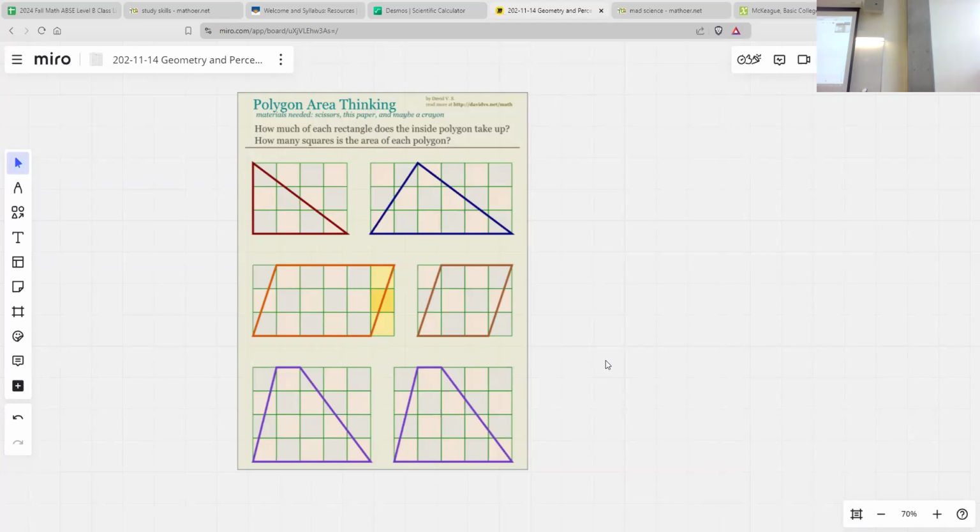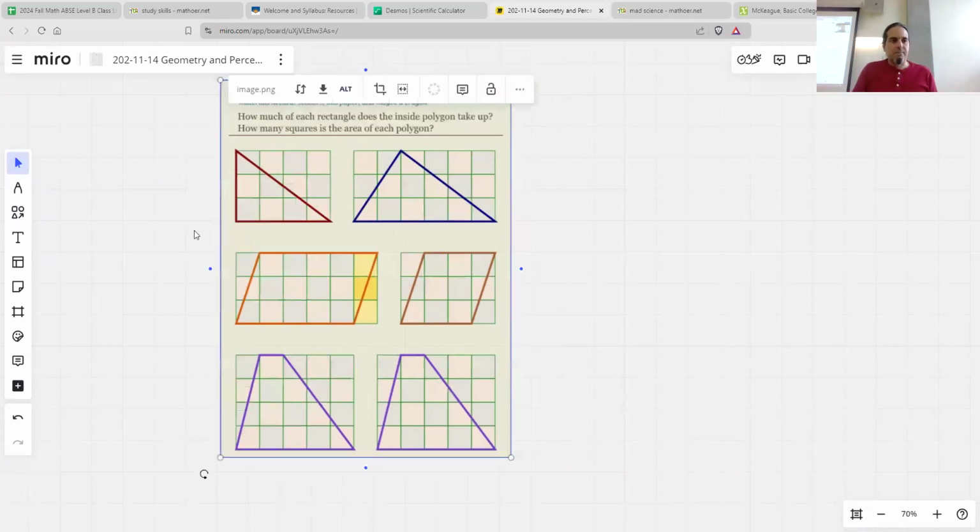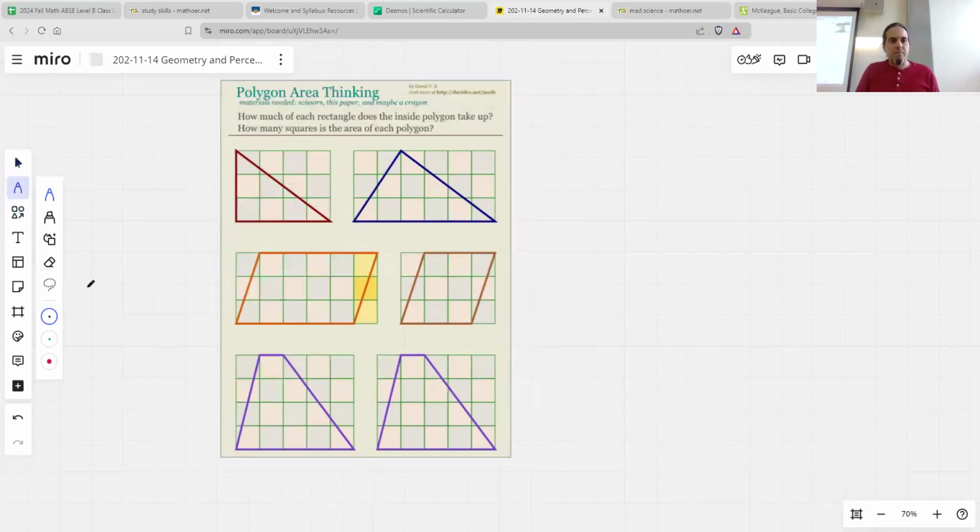If the triangle is just a diagonal line through the rectangle, it's pretty obvious that the bottom and the top were the same. That this much space is the same as that much space.